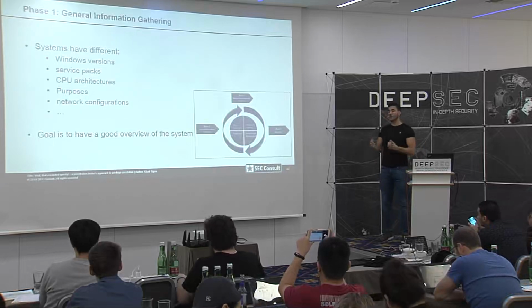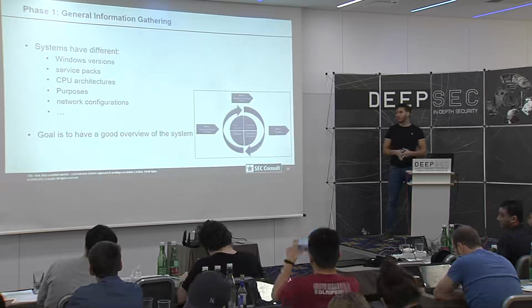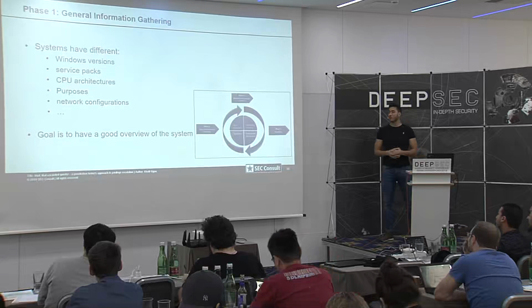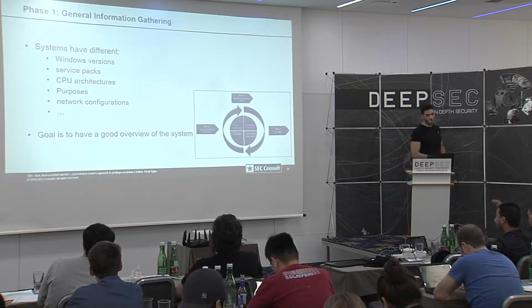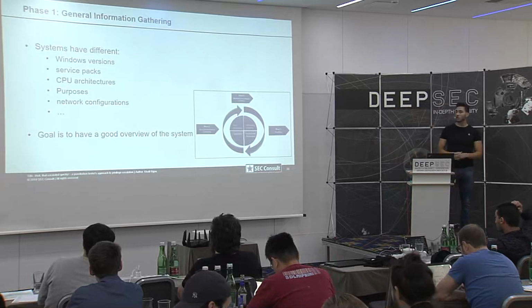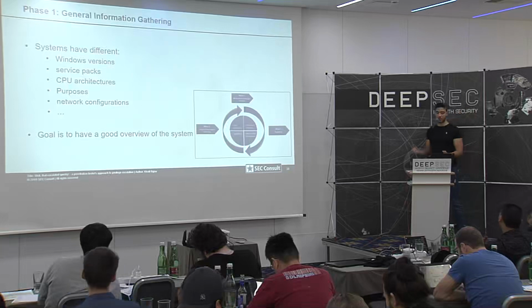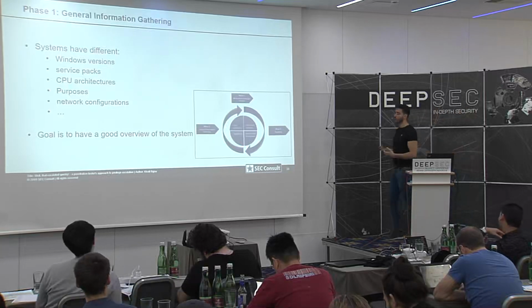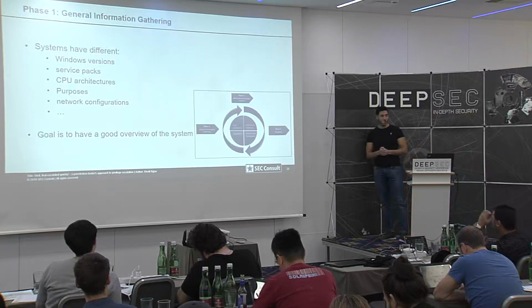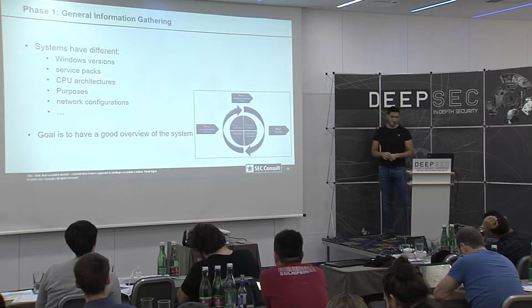You want to know which Windows version is used, which service packs are installed, what the CPU architecture is, what the purpose of the system is, and what the system is used for. You want to get to know the network configuration, and also what kind of antivirus software and security mechanisms are used, so that you get a really good overview of the system.